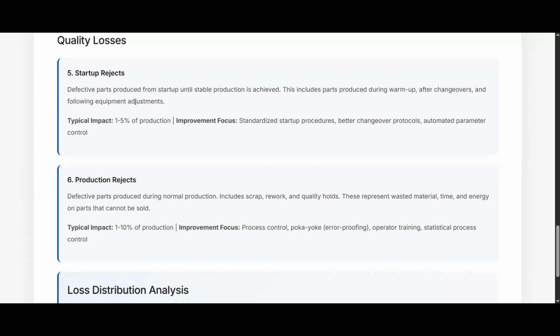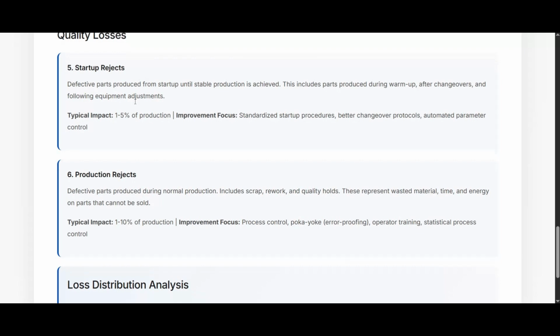Typically, these defects account for 1 to 5% of production, and the goal is to reach steady-state production faster. Standardizing your startup procedures using better changeover methods and automating parameter controls helps stabilize the process sooner and reduce waste.